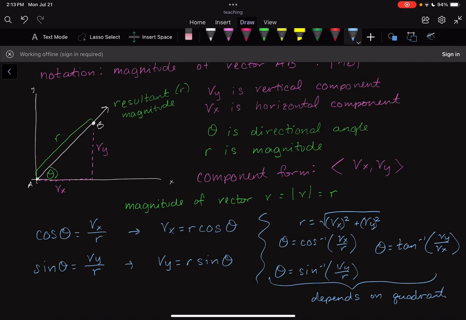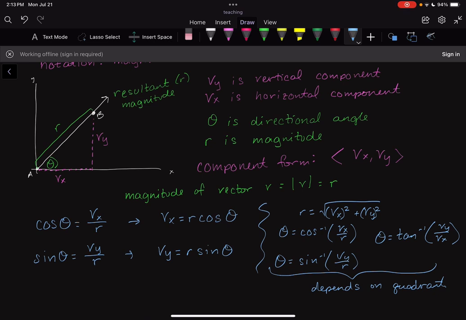So here's really what I want you to take from this. There's two ways to talk about a vector. Either you have to have the Vx and the Vy, or you can have the r and the theta. Those are your options. That's what goes together. And then when it comes to having equations for each, so maybe if you know r and theta and you're looking for Vx or Vy, we can use those equations.